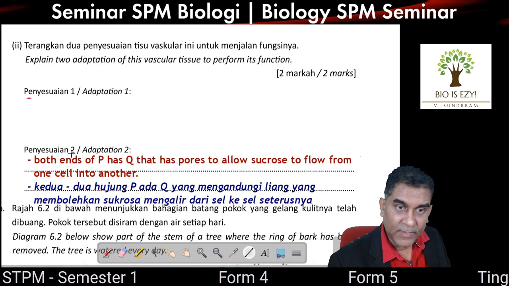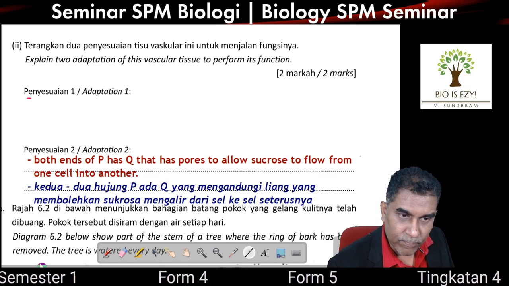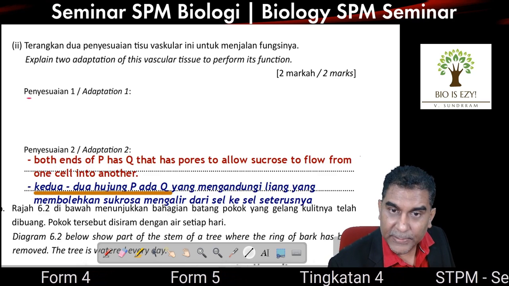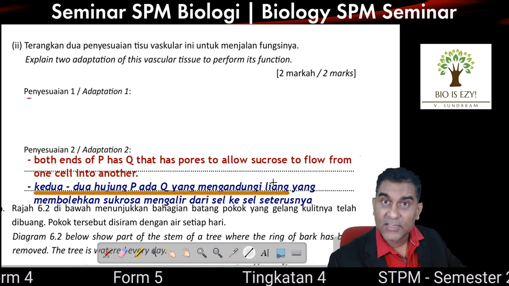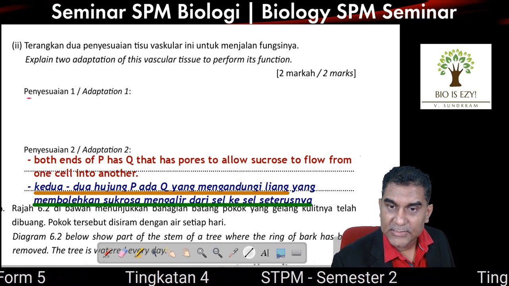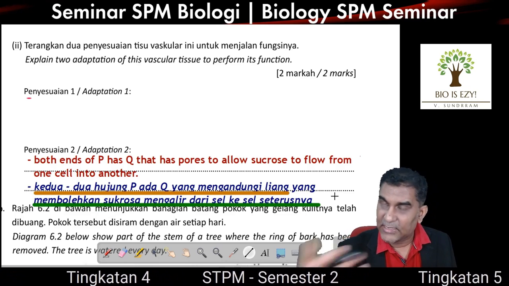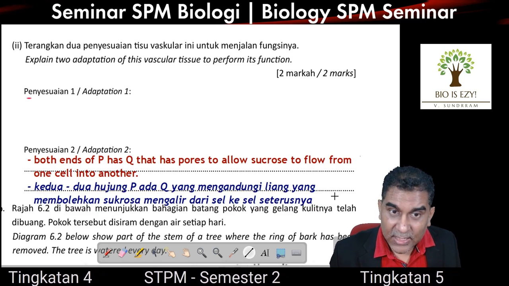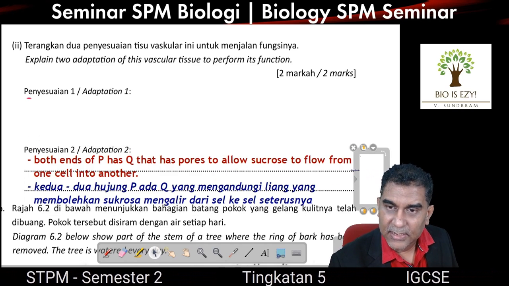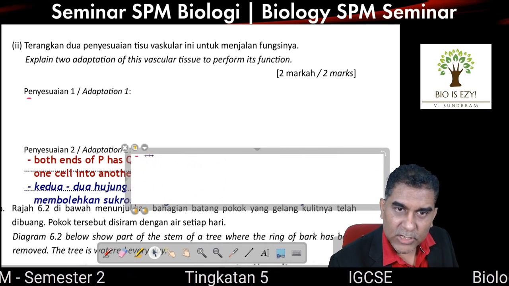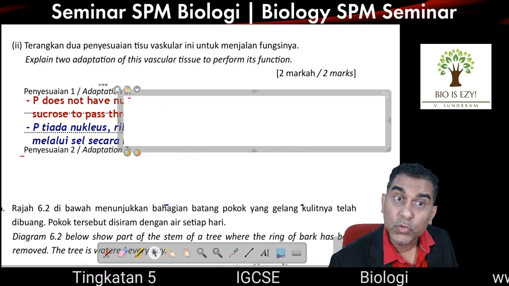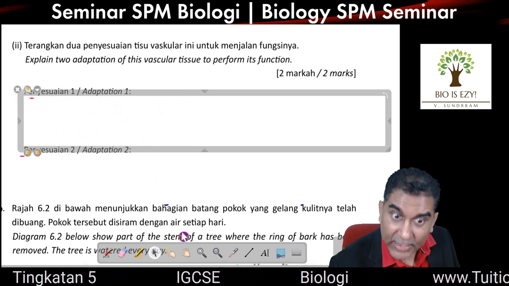Fakta dia adalah kedua-dua hujung tiub tapis ada plat tapis yang mengandungi liang. Itu fakta. Penerangan dia membolehkan sukrosa mengalir dari satu sel ke sel yang lain, ke sel yang seterusnya. Fakta dan penerangan akan beri kamu 2 markah. Saya nak ingatkan kamu, semua jawapan ini, ada lagi satu jawapan.